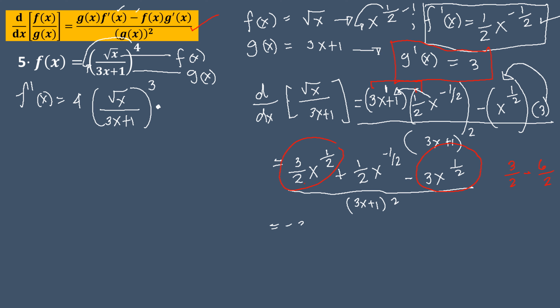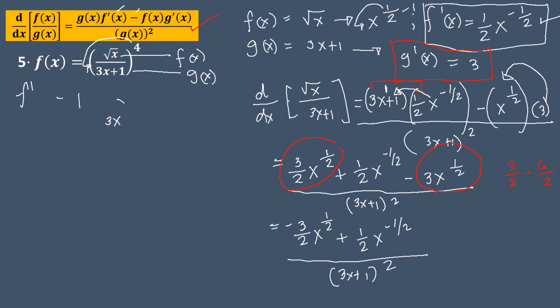So this will be negative 3 halves, then copy x to the 1 half, and then followed by positive 1 half x to the negative 1 half, and this is over 3x plus 1 to the power of 2. And for this, we can now multiply this to the derivative of our outer function. So to have more space, let us move this in here.